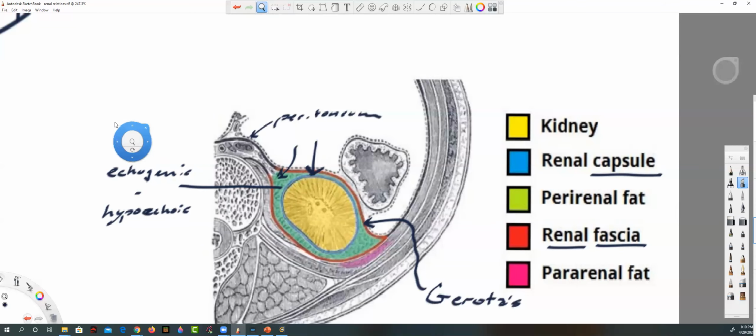So let's see, renal capsule, continuous ureter, perirenal, perinephric fat, it's also called. Perinephric fat is another term for it. Okay.